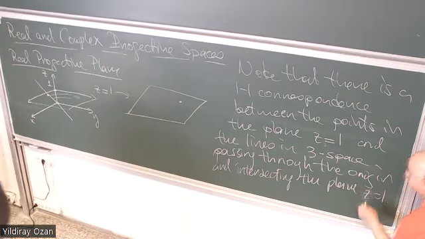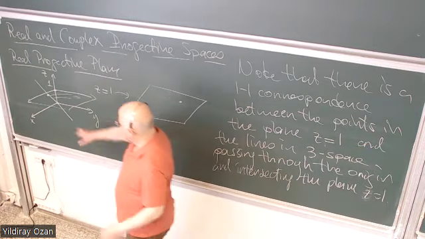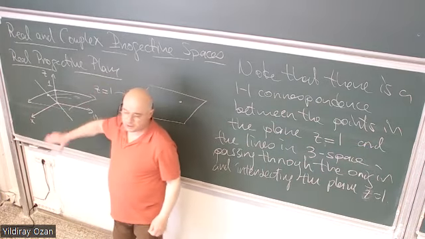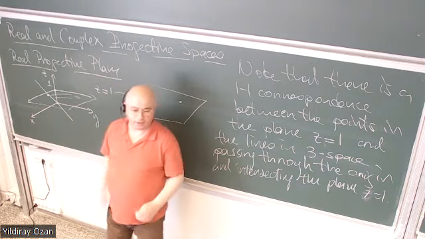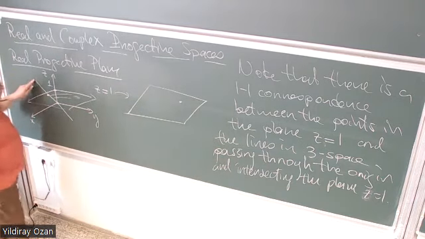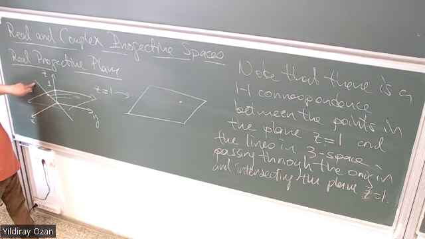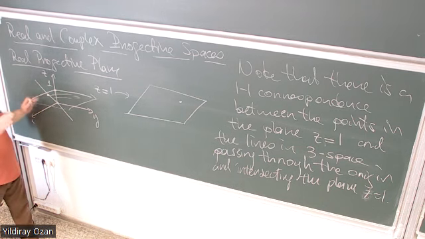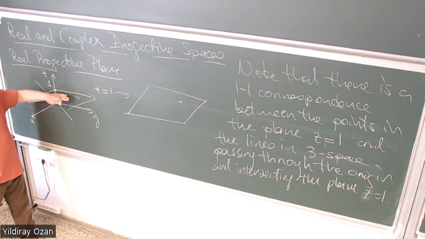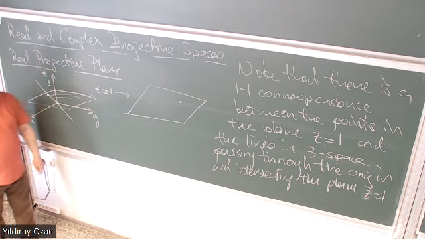I'm not considering all the lines passing through the origin, the ones which intersect the plane, right? Every line which goes through the origin and intersects this plane, intersects the plane at one point. Therefore, there is a one-to-one correspondence between the points on this plane and such lines. Okay?